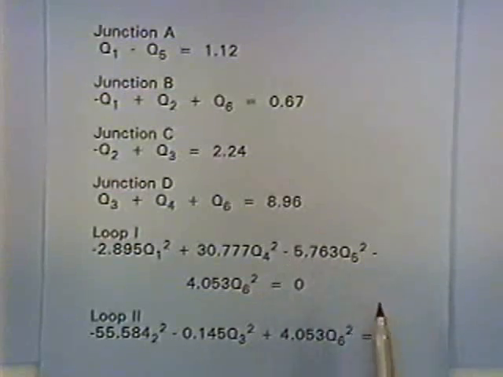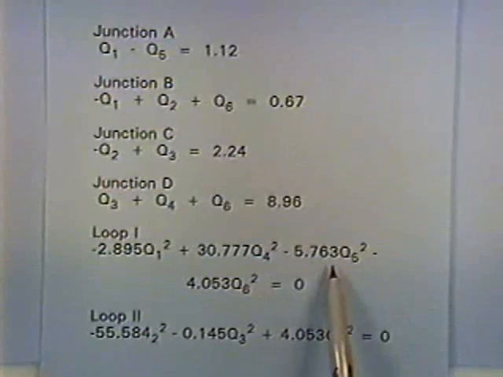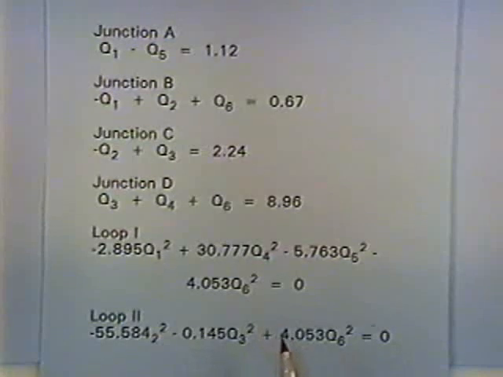The K is 5.763, and so the head loss in pipe 5 is 5.763 Q5 squared. And then pipe 6, in this particular loop, is counterclockwise, and so I'll call it negative.